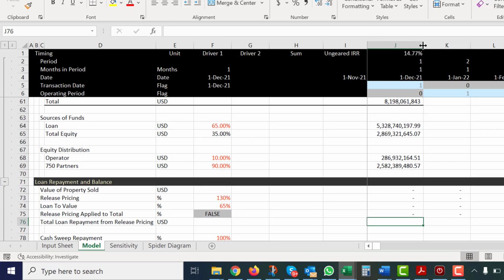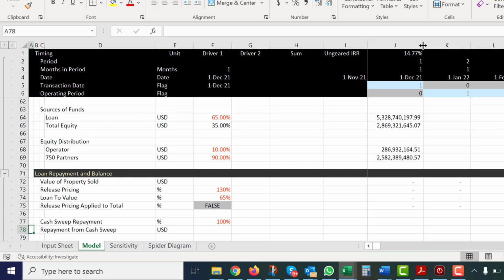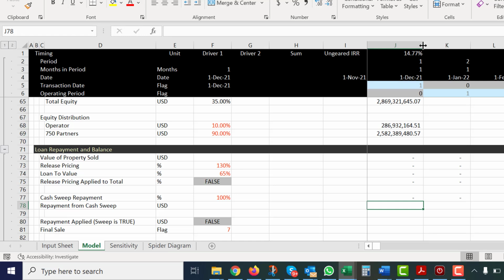We didn't need this one. Sorry about that. Or we could use a cash sweep percent. So the cash sweep payment would be just our cash sweep multiplied by how much of the property we sold. So if it's a cash sweep, we're just going to use all of the value for this.